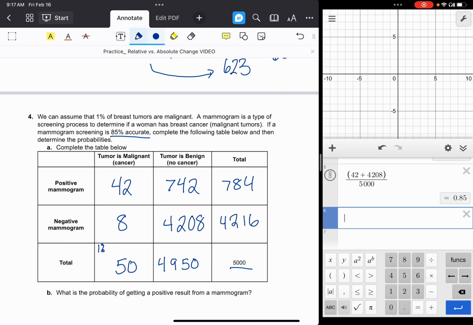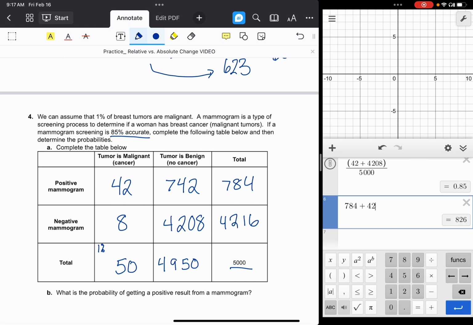And this one, especially because of the rounding, always double check: do my two rows add up to the right total? If you had rounded both of those values down, you might find that your rows aren't adding up correctly, but they do in this case. So woohoo, we're good. The key was rounded up in one box, rounded down in another box, and then it all sort of works out, pretty handy dandy.